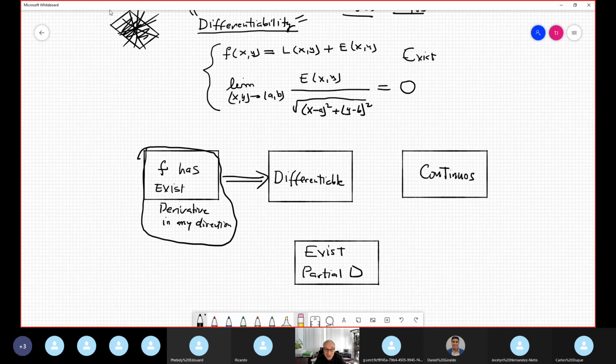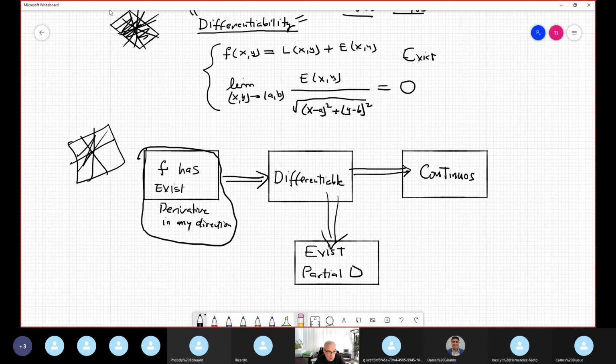And the traditional way is this. If it is differentiable, it's obvious that it is continuous. And if it is differentiable, it's obvious that the partial derivative exists. Remember, this is a subset of this big, strong concept, which is in any direction. In any direction, you condense it like a tangent plane. Another direction, completely crazy. Doesn't work.